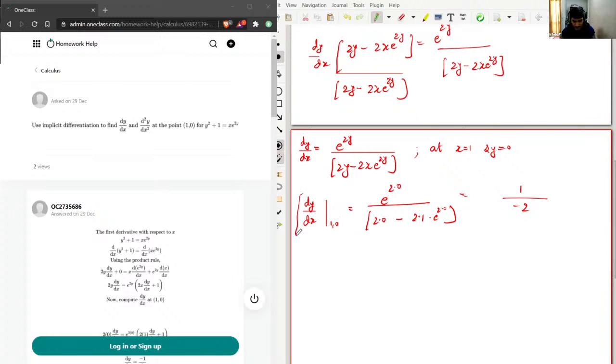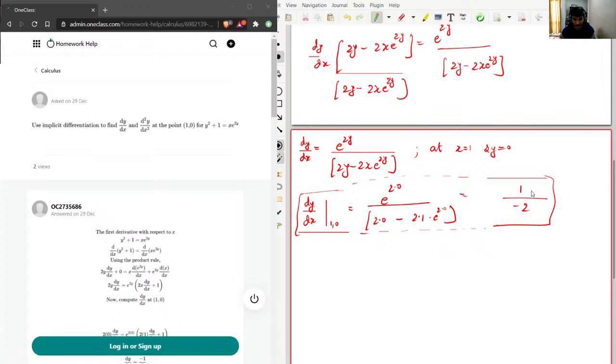So the value of dy by dx at 1 comma 0 for this equation is negative 1 over 2.